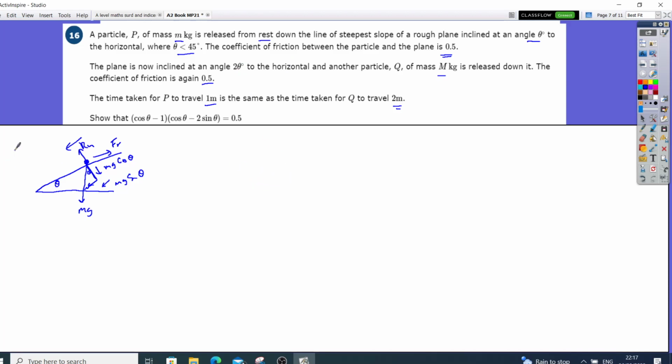Now particle Q, which is on a slightly steeper plane, that's 2 theta. The plane is now inclined at 2 theta, and another particle Q, mass m, is released down. This has a mass of m.